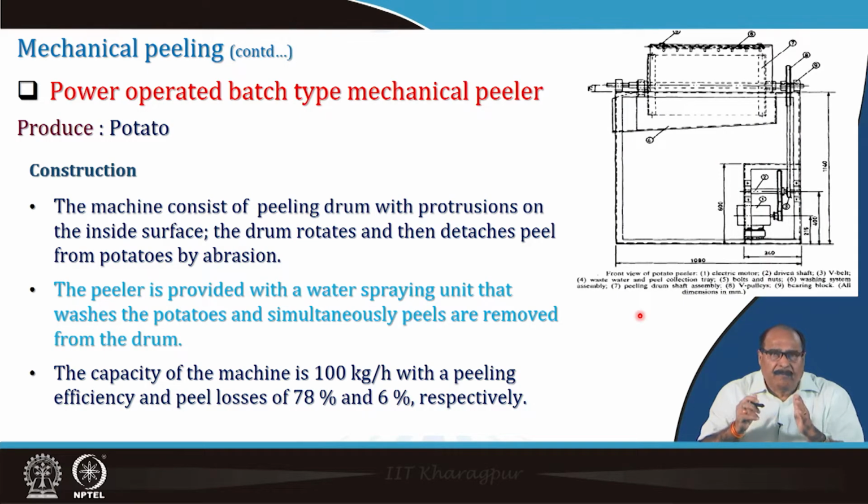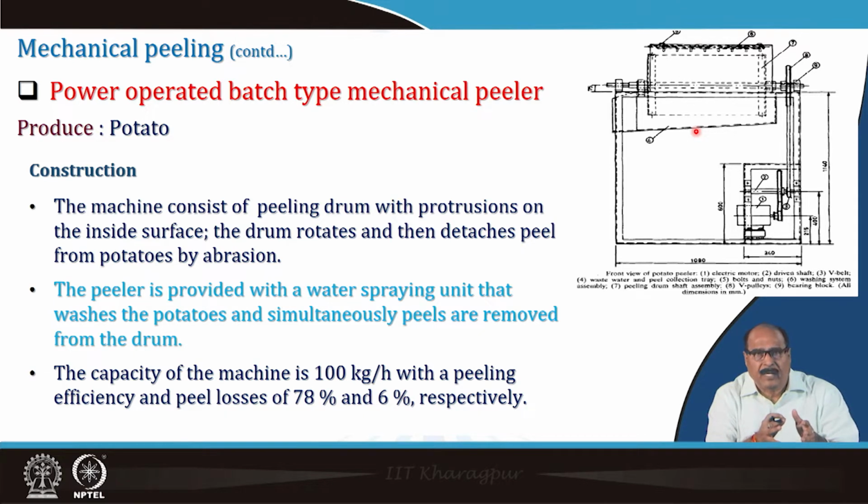A power operated batch type mechanical peeler, particularly constructed for potato peeling, is shown here in this figure. You can see the machine consists of a peeling drum with projections on the inside surface, and the drum rotates and detaches peel from potatoes by abrasion.